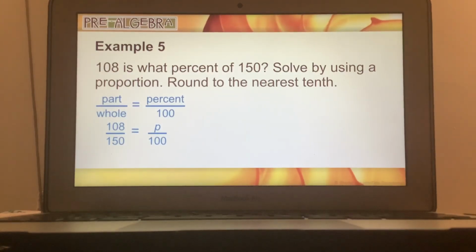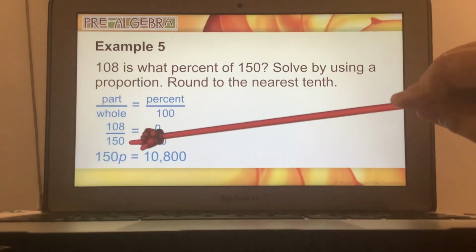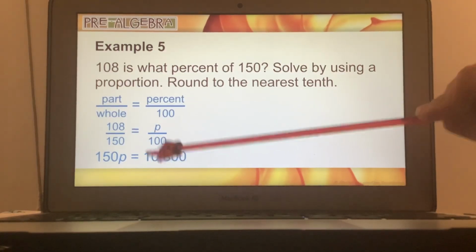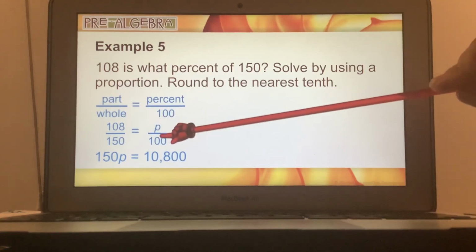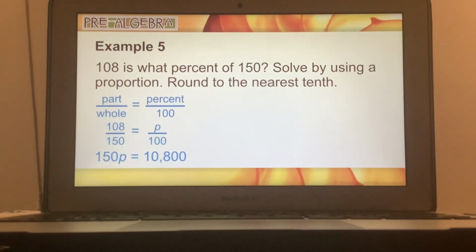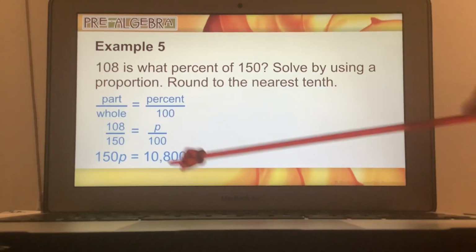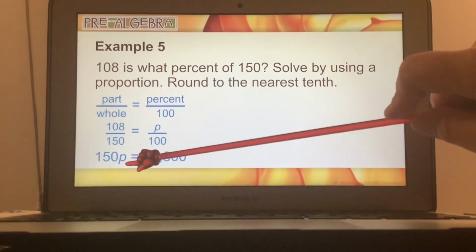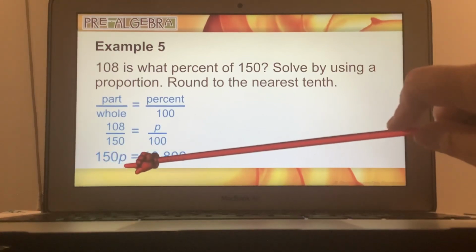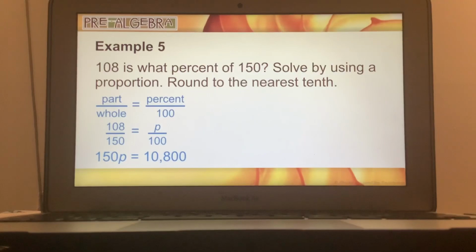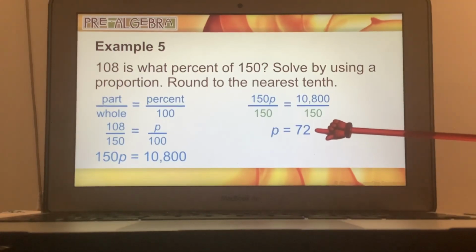Now we cross multiply, and you have 150 times P is equal to 108 times 100, and you get 10,800. Now we want to get P by itself, so we divide both sides by 150, and then your P is going to be 72.